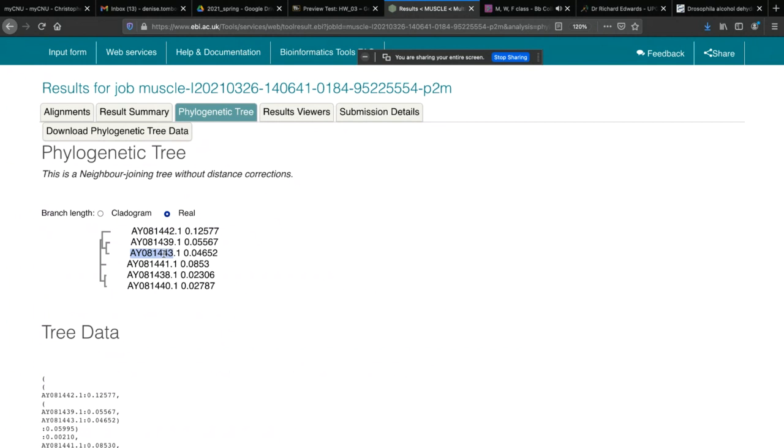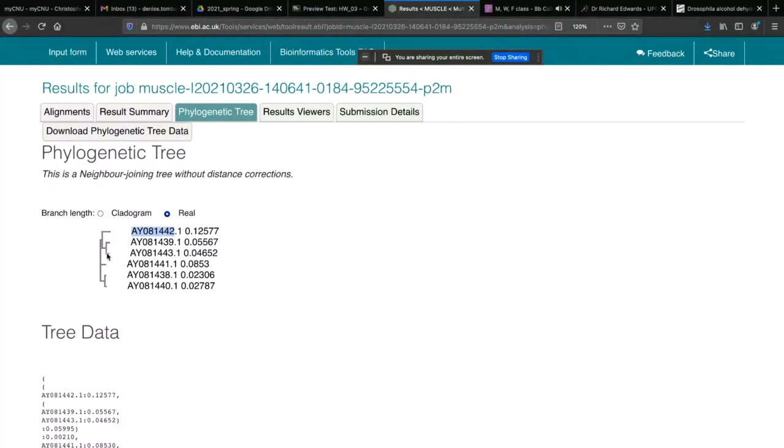And in class, I told you that if we flipped these two, that would still be the same topology. So they would still be equally distant to this guy. But that is if that and that had the same length.